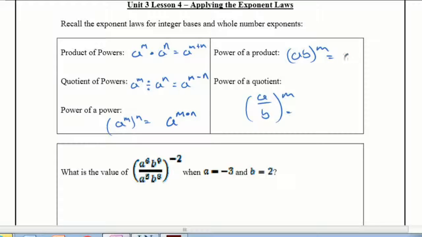Power of a product would be a to the m, b to the m, and power of a quotient will be a to the m over b to the m. So those are our exponent laws. I guess there's one more that we didn't have. A to the 0 is 1, as long as a is not equal to 0.